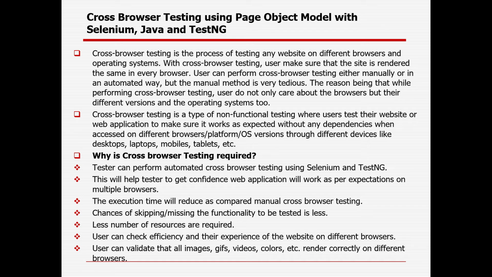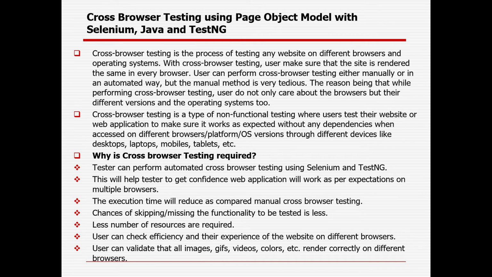Okay, so cross browser testing is the process of testing any website on different browser and operating system. With cross browser testing, user can make sure the site is rendered the same in every browser. User can also perform cross-browser testing either manually or in automated way, but the manual method is very tedious.